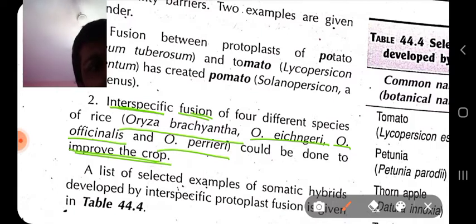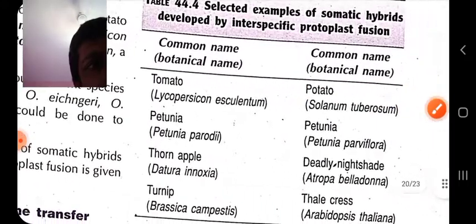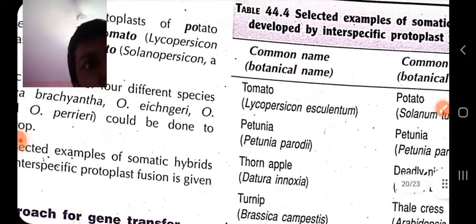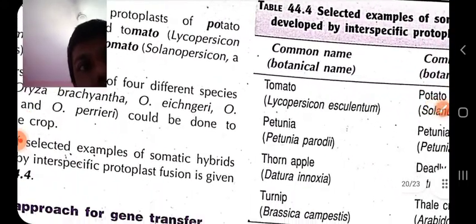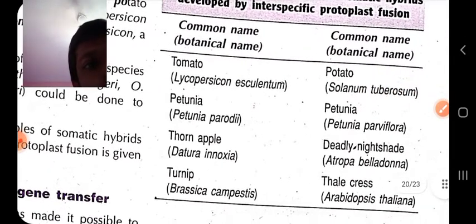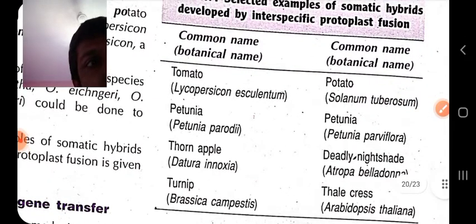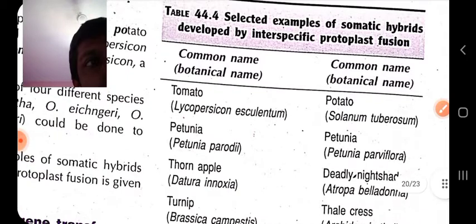Different types of examples have been given in Table 44.4. You can see here, these are selected examples of somatic hybrids which have been developed by protoplast fusion.